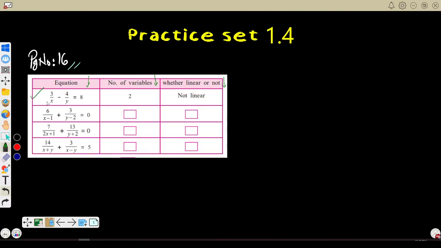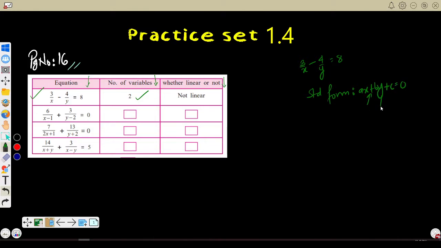If you observe the first equation is 3 upon x minus 4 upon y is equal to 8. Now if you observe the number of variable is 2, it is already given to you. Whether it is a linear equation or not, you can determine by using this. If you remember the standard form for any linear equation, the standard form was ax plus by plus c is equal to 0.